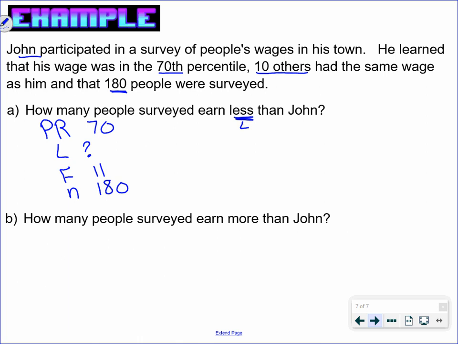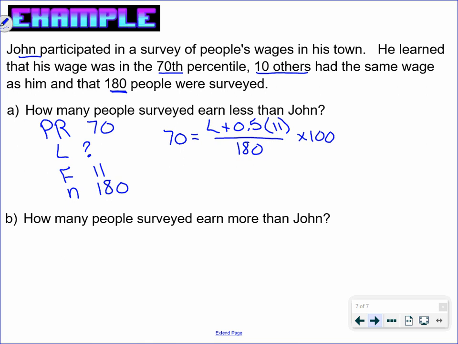So now in our formula, we start with percent rank, which we know is 70 in this example. And this equals L plus 0.5 times the frequency of 11, divided by N, which is 180, and then we multiply by 100. So we need to solve this equation to figure out what our L is going to be.